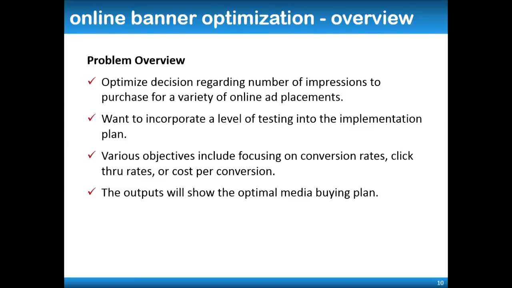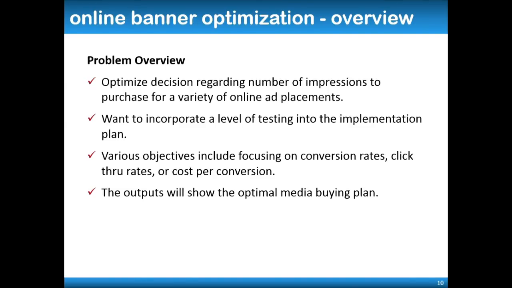The first one we'll spend a little time with is related to online media optimization, specifically optimizing the purchase of banner ad impressions. And the second one, which we'll get to in just a second, relates to direct mail optimization in the retail industry. So first, for the online banner optimization, a little bit of background on what we're trying to do here.